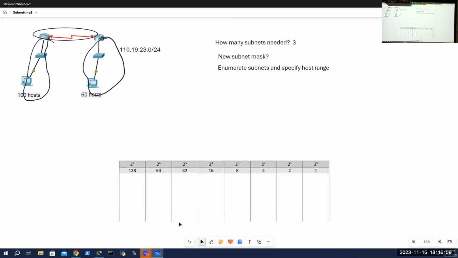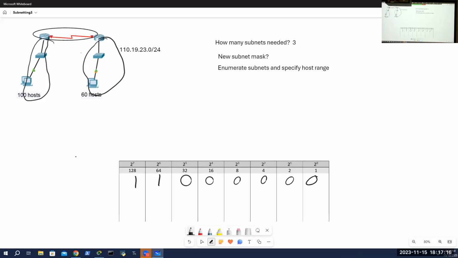If we put our little ones in our table, that should give us an idea of what our new subnet mask is.